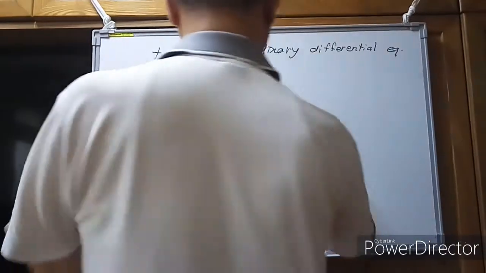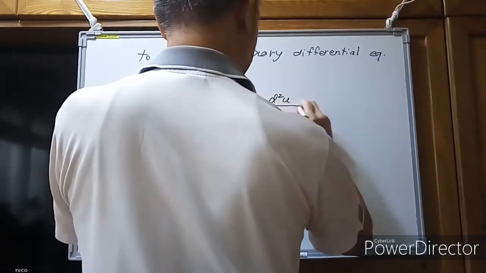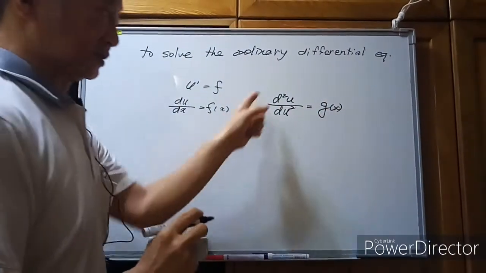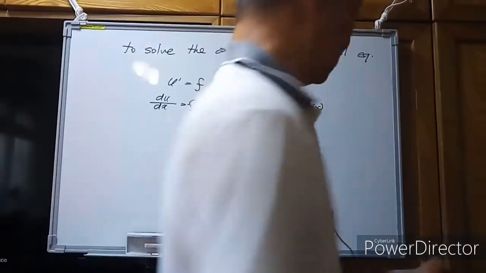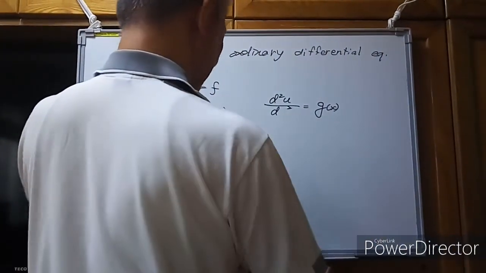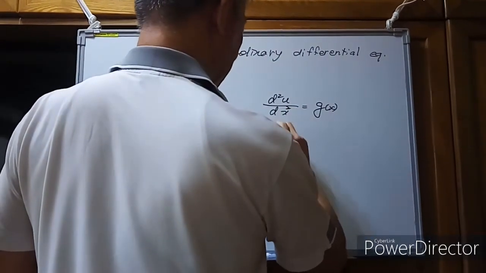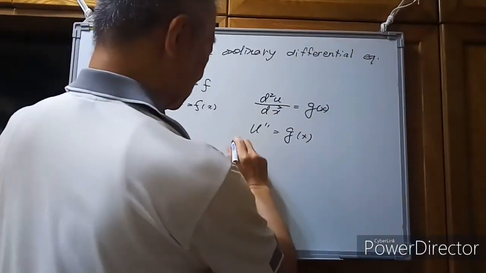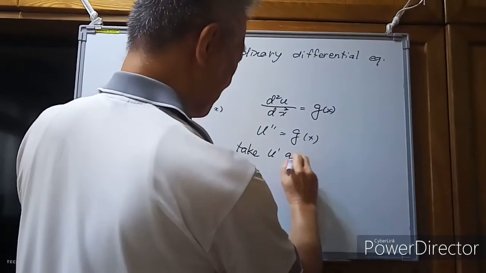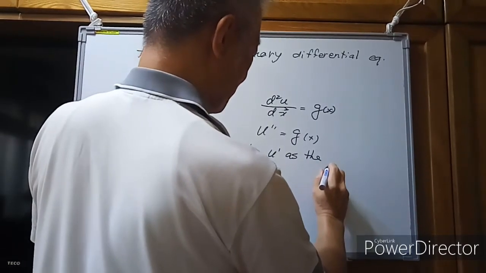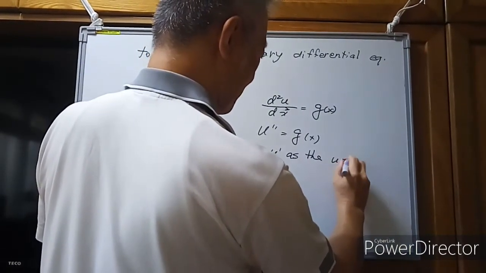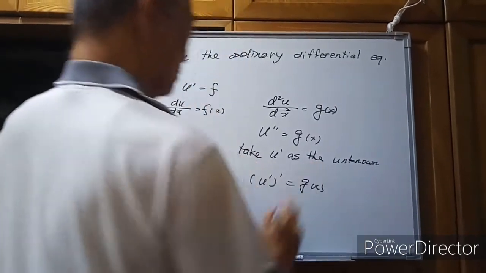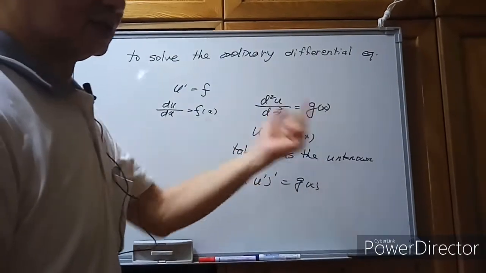For example, if we consider the second derivative of u with respect to x, or you can say u double prime is equal to g of x.